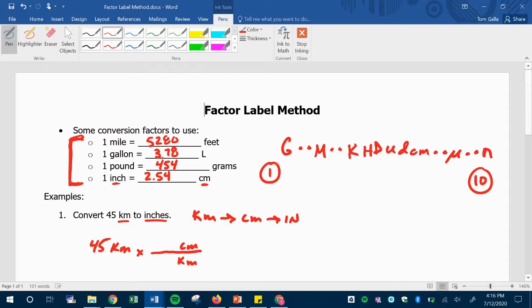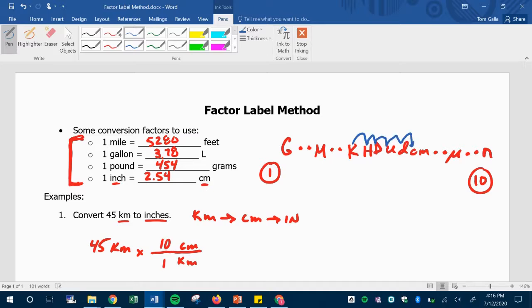Further left gets the 1, further to the right gets the 10. In this case, our K is further to the left, so that gets the 1, and our centimeters is further to the right, so that gets the power of 10. Now let's count how many spots over we're going. So 1, 2, 3, 4, 5.